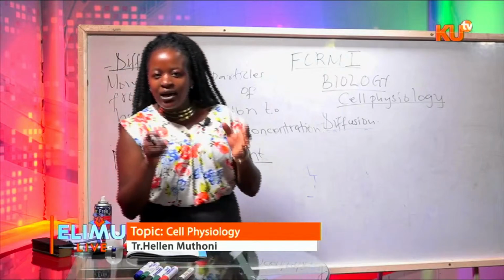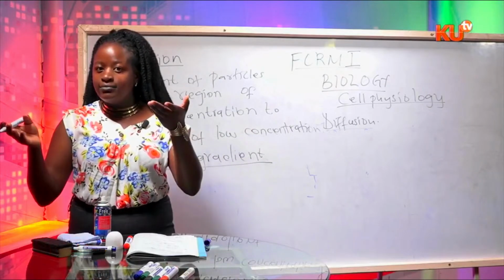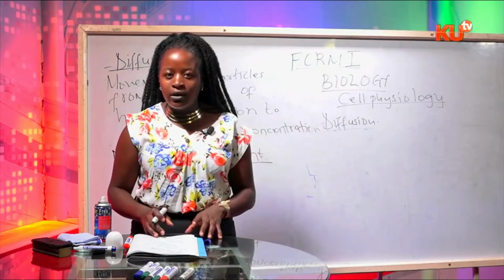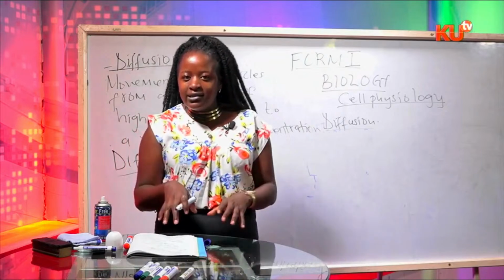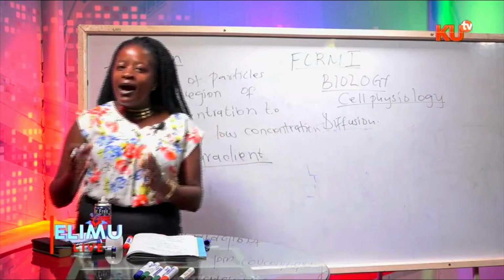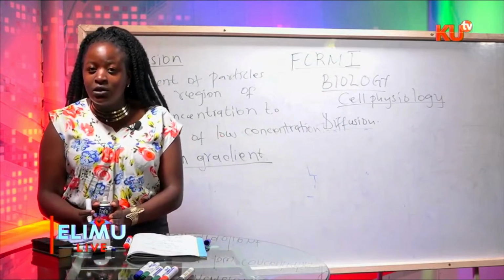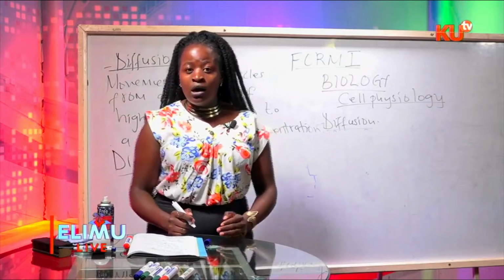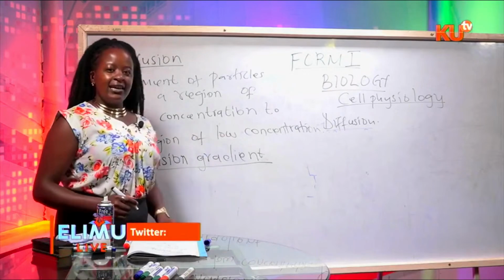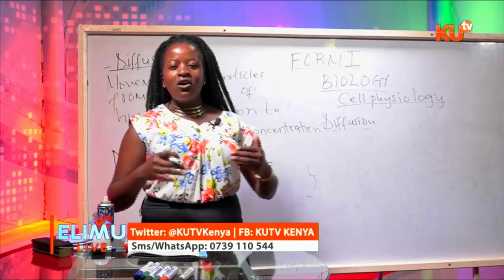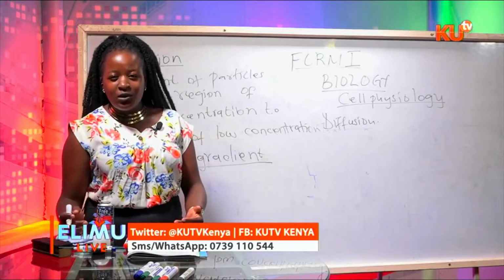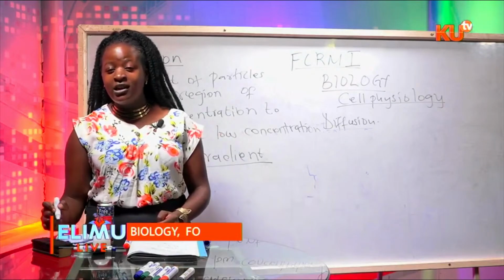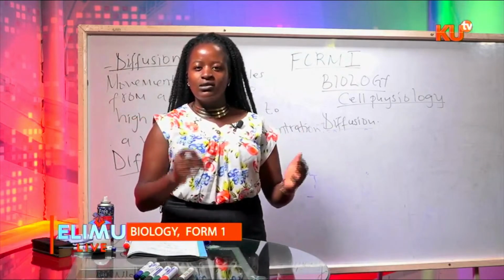The amount of particles in one region is high, and in another region is low. So diffusion gradient is the difference in concentration of particles between the region of high concentration and the region of low concentration.